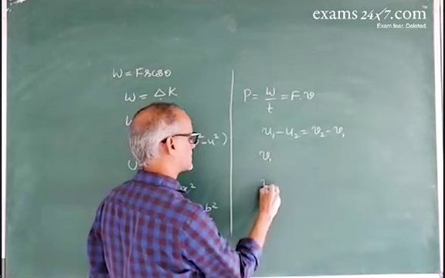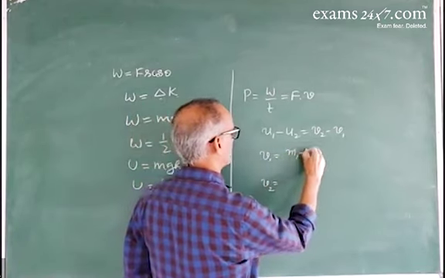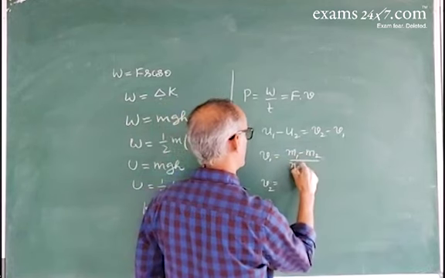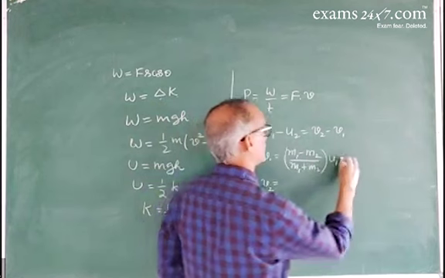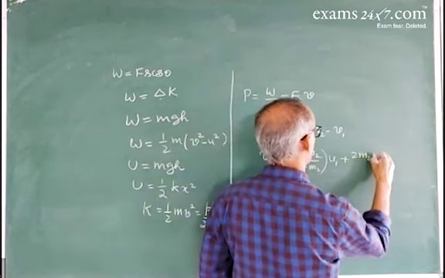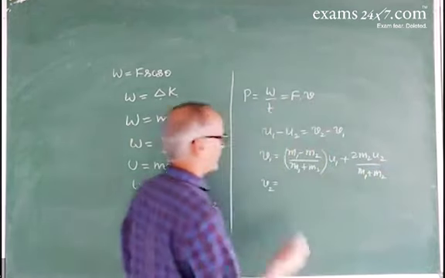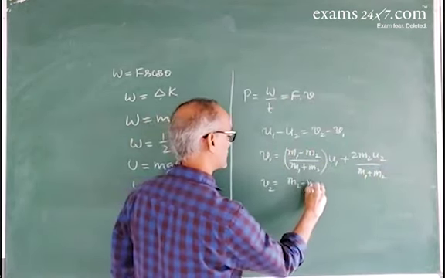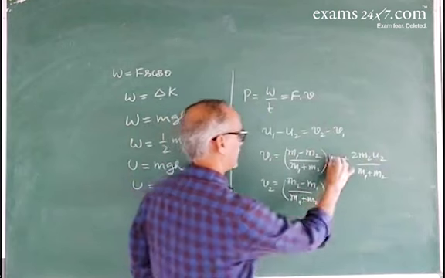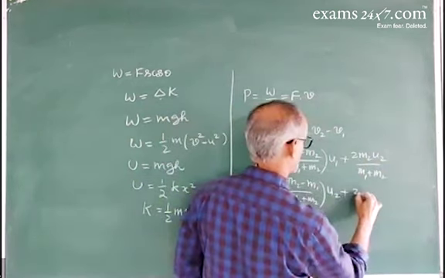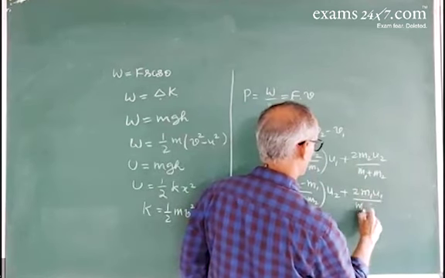Then the velocities of the two bodies after the collision: v1 is equal to (m1 minus m2) by (m1 plus m2) into u1 plus 2 m2 u2 by (m1 plus m2). And v2 is equal to (m2 minus m1) by (m1 plus m2) into u2 plus 2 m1 u1 by (m1 plus m2).